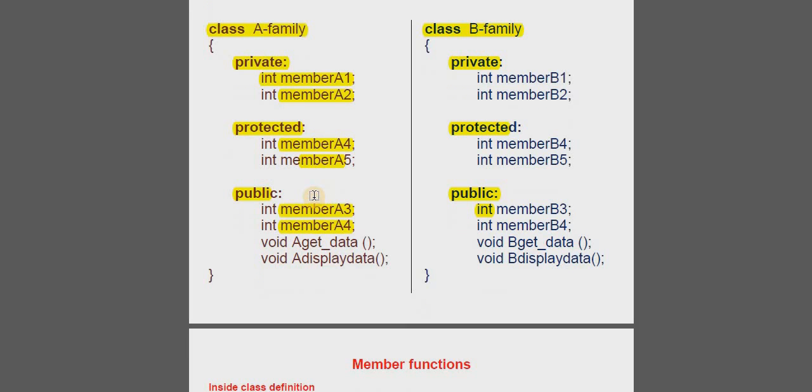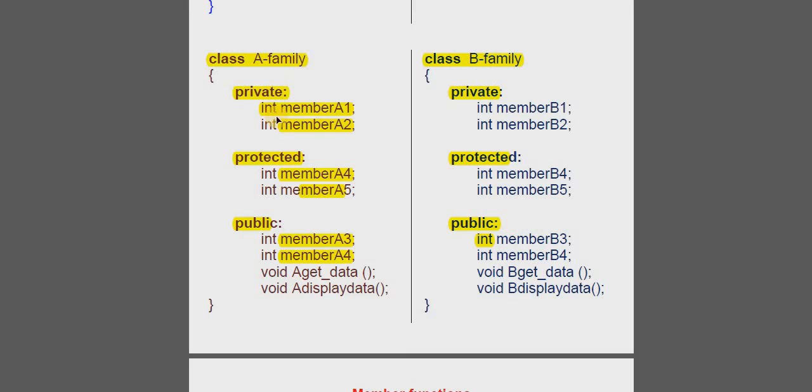So like this is the difference between access specifiers. If we declare a variable inside the private section, then the variable becomes private. It cannot be used by other classes. If we declare a variable in public, then the variable becomes public, meaning those variables can be used by anybody.